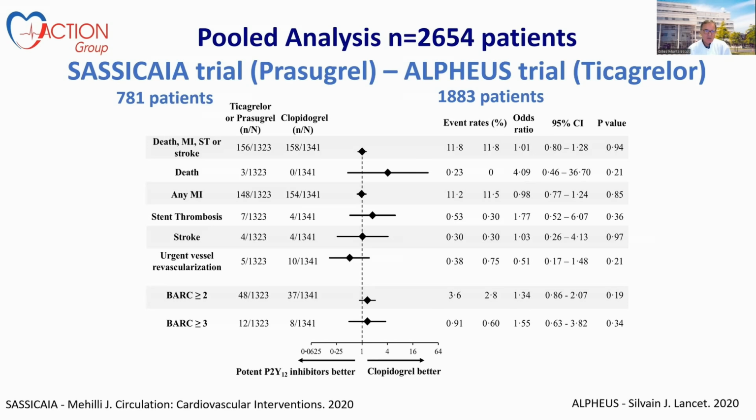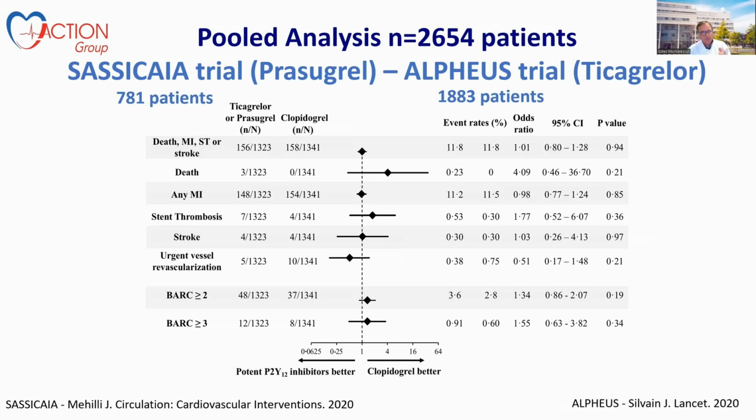Very interesting here, we published at the same time a meta-analysis of Alpheus with Ticagrelor and Sassicaia, which is a similar study performed with prasugrel by Shin, and this study was much smaller and was stopped prematurely, but the data were available.